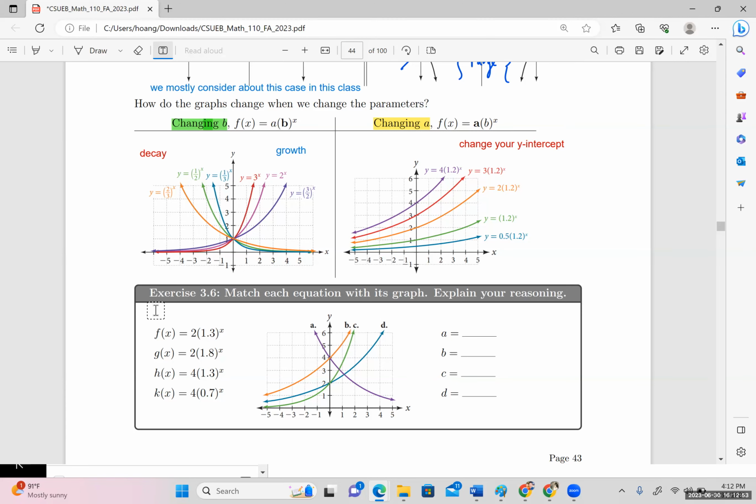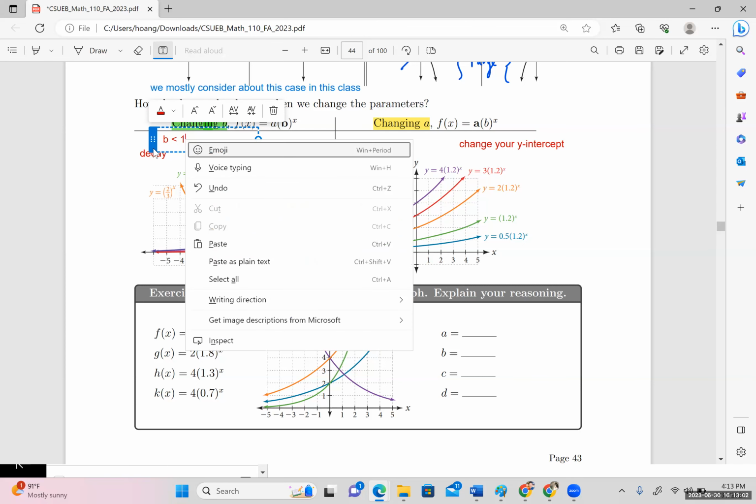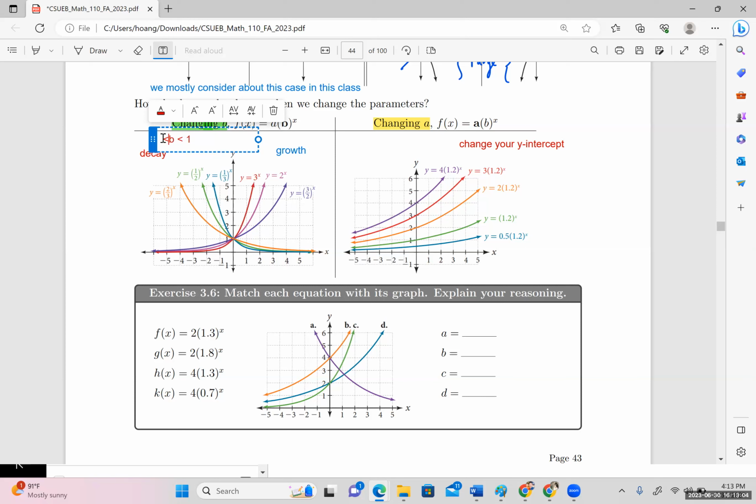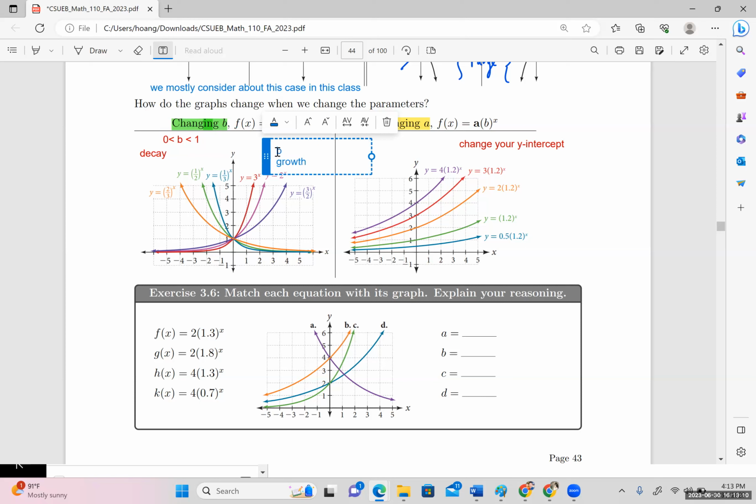If you have b less than 1 and greater than 0, you will have decay, right? But if you have b greater than 1, you will have growth.